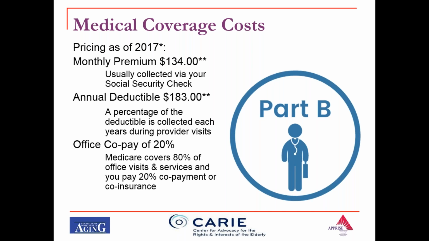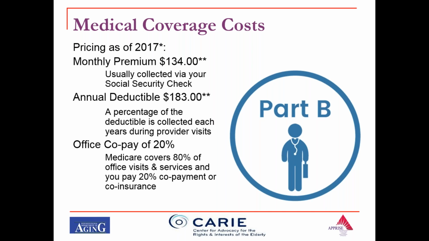When it comes to coinsurance, basically there is a 20% coinsurance. So, for example, if Medicare approves $100 for a visit to your primary care doctor, your copay is going to be $20.